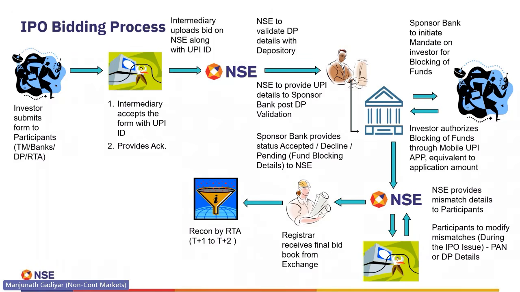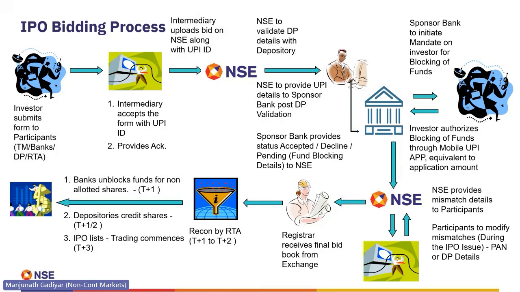Once the allotment details are finalized, the shares are transferred to the demat account of the investor and the blocked funds are transferred to the escrow account of the company. On the third day, the listing takes place. And for all investors who do not get allotment, the bank unblocks those funds.